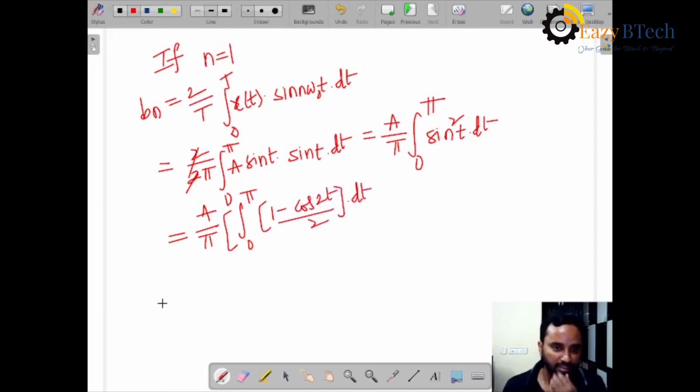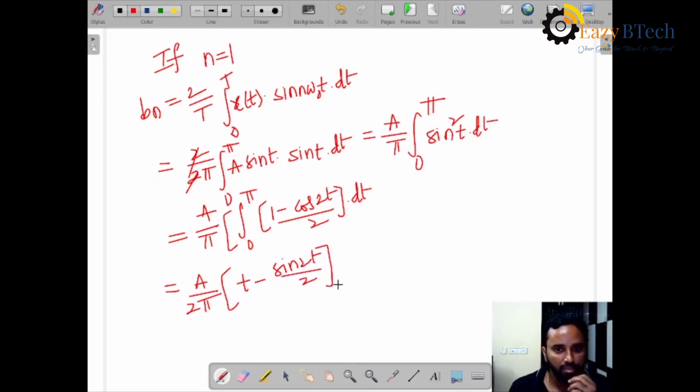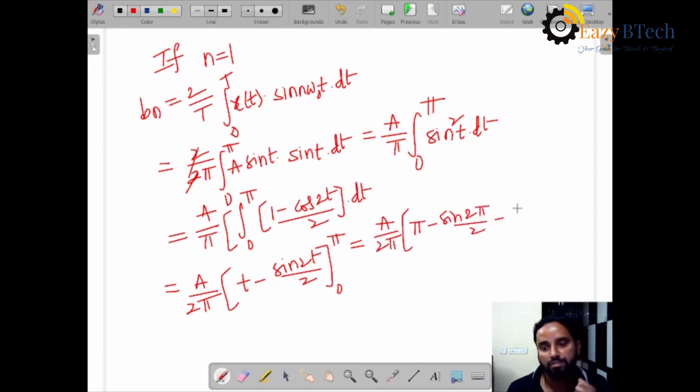So let's do this integration. So a by 2 pi, integration of 1 is t minus sine 2t by 2. Substitute limits 0 to pi. So upper limit is pi, so a by 2 pi, upper limit pi minus sine 2 pi divided by 2, minus lower limit is 0, so 0, sine 0, 0.